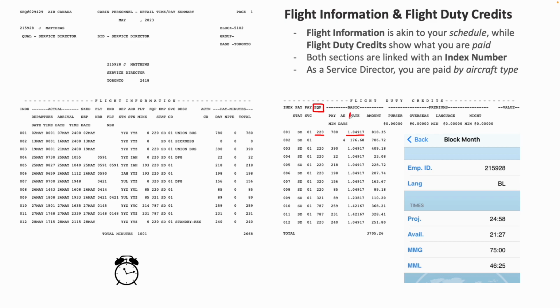This here would be the pay rate that's used with those minutes. And essentially all that you end up doing is taking the pay minutes and then multiplying them by the rate. So 780 times 1.04917 ends up equaling $818.35 for that particular activity.